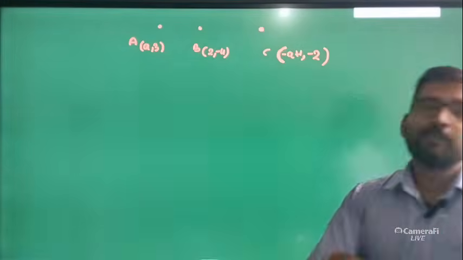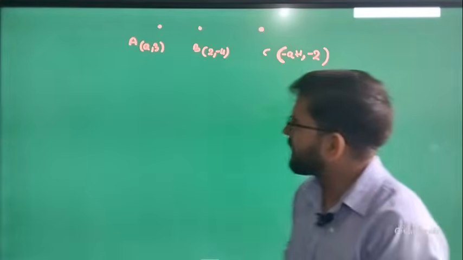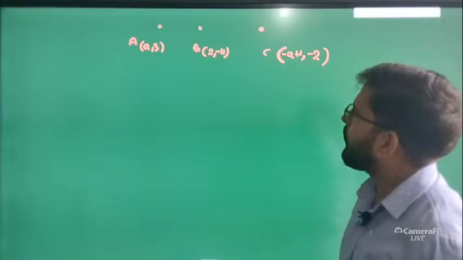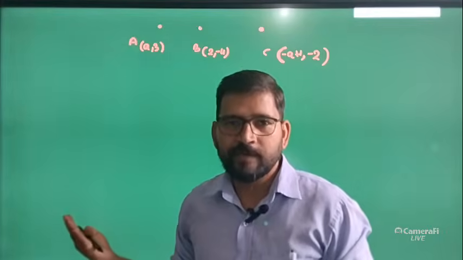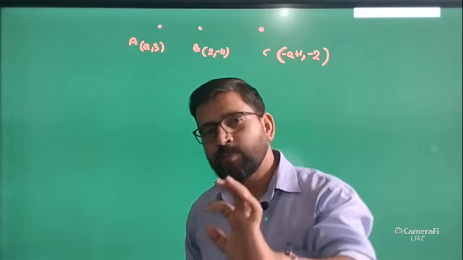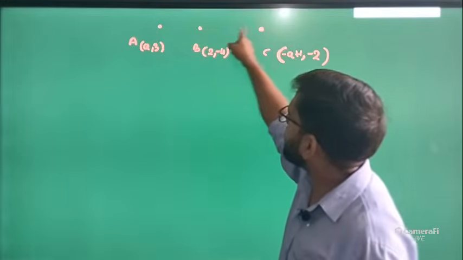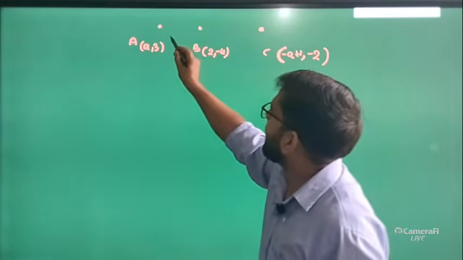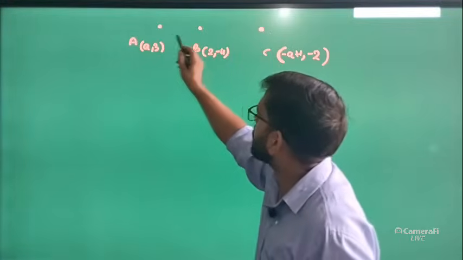अब तक हमने देखो there are two conditions जिससे हम इस क्वेश्चन को सॉल्व कर सकते हैं. Though it is given in this question that these are collinear, कैसे प्रूव करते थे हम that these points are collinear? I have taught you. If these points are collinear, then AB plus BC should be equal to AC.